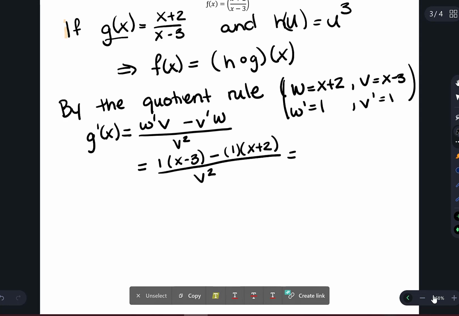So simplifying this, we're going to have x minus 3 minus x plus 2 all over, and instead of v squared here, I should have written x minus 3 squared, which is equal to minus 5 over x minus 3 squared.